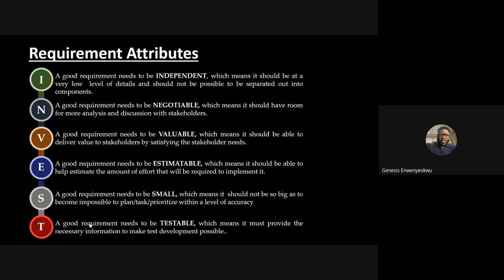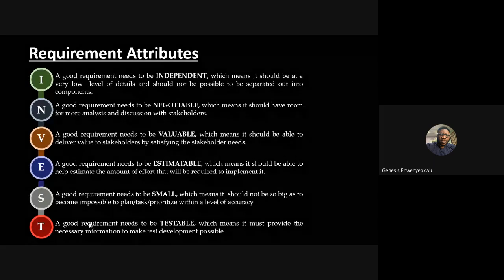These are the criteria, or should I say attributes, we use to measure the quality of a user story. So if I'm your team lead in a project and you write user stories and give them to me to review, I'm not just going to look at whether you've written user stories. I'm going to ensure that the user story you have written is independent, valuable, negotiable, estimable, testable, and also small.